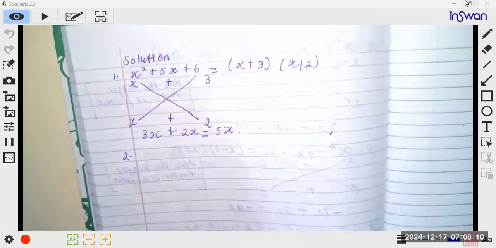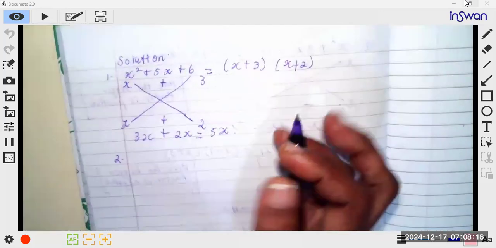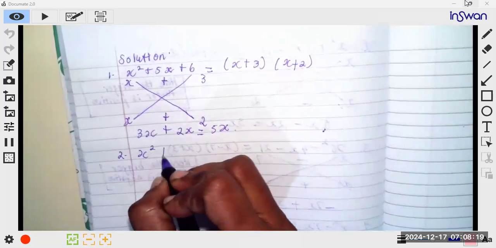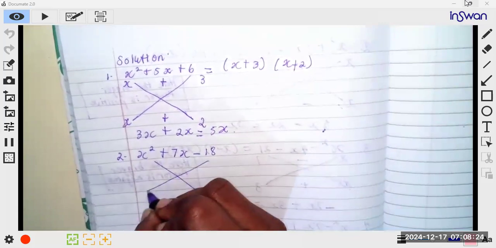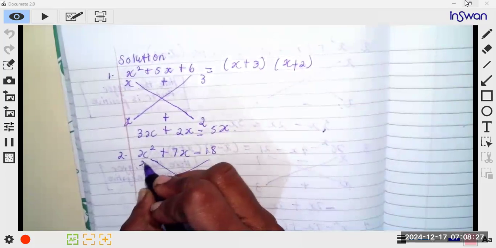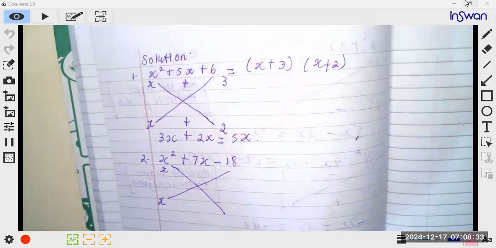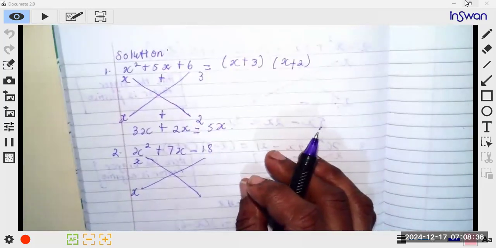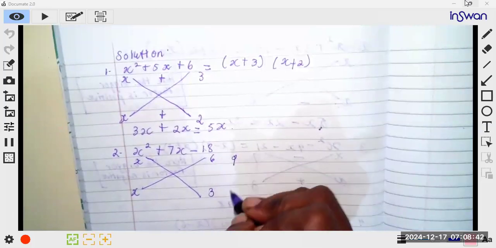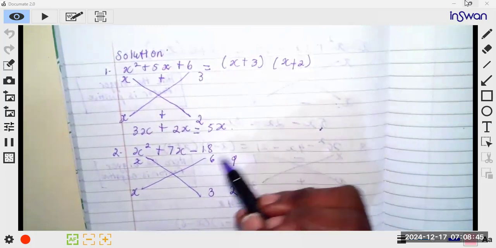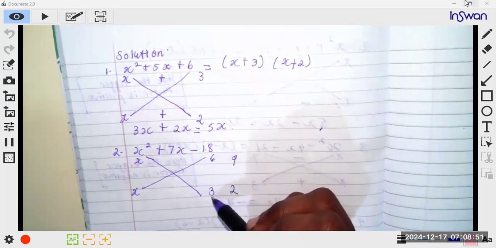Going on to number 2. Number 2 is x squared plus 7x minus 18. What two letters when you multiply will give you x squared? x by x. What other two numbers when you multiply will give us 18? 6 by 3, 9 by 2. 6 and 3 is 18, but 6 minus 3, would we get 7?